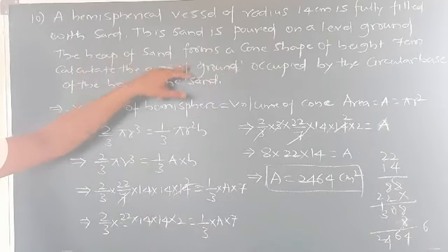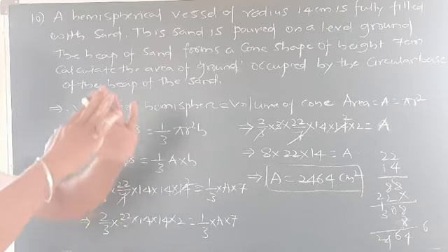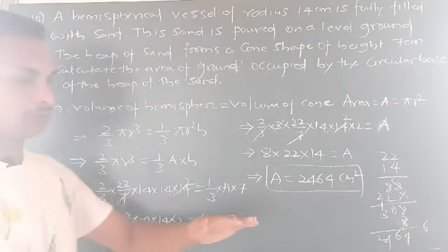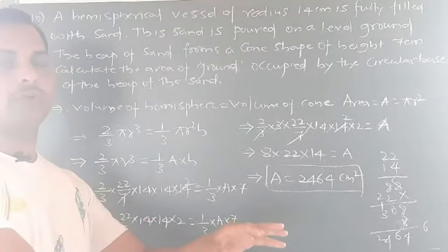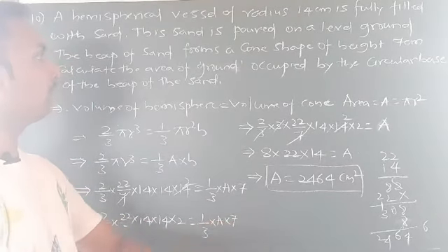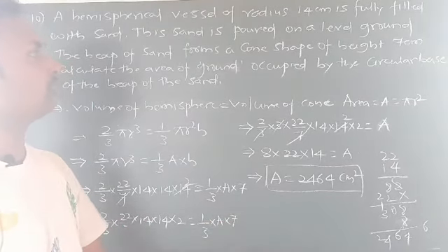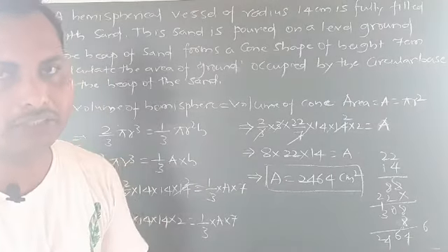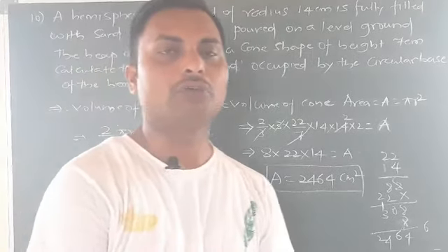The heap of the sand forms the shape of a cone, with the cone height given as 7 centimeter. Calculate the area of ground. The area of the ground that the poured portion covers is what we need to calculate, and this is A is equal to 2464 centimeter square. I hope you understood.